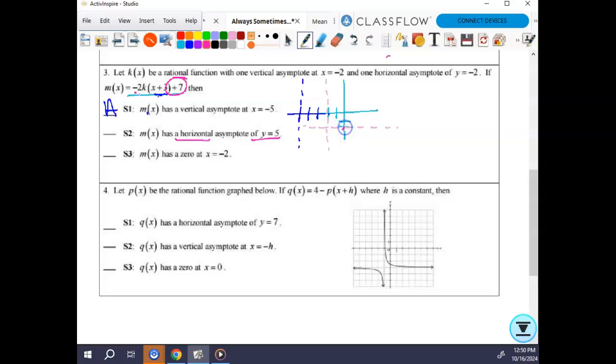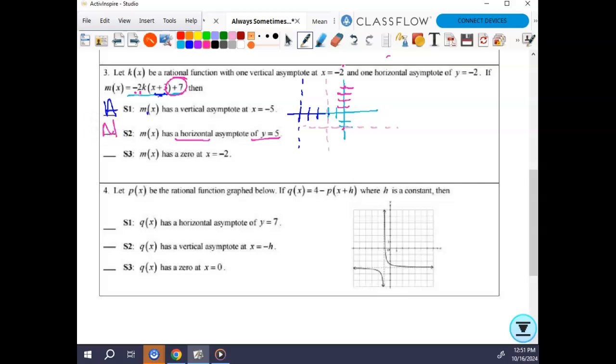So if I'm here, I would reflect in the x-axis and end up at y equals 2. Then I have a vertical dilation by 2, so it would actually move it up to 4. Then I would go up 7, and I would end up way up there at 11, not anywhere near 5. You with me on that once you think through all the transformations? So this is a never.